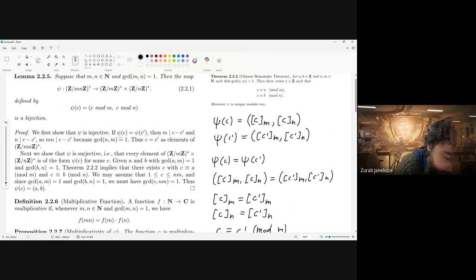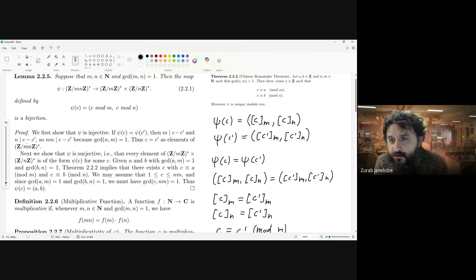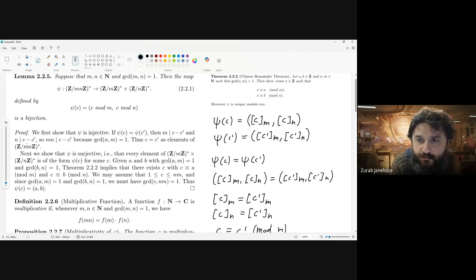You see, we were claiming that if psi of c equals psi of c prime, then m must divide c minus c prime, and n must divide c minus c prime as well. So we're now in agreement with the author of this proof that these divisibility relations must hold.